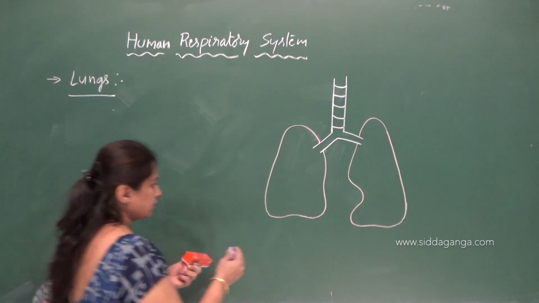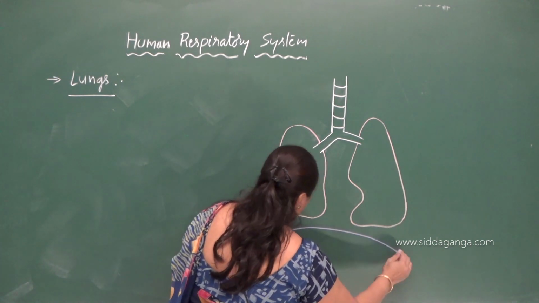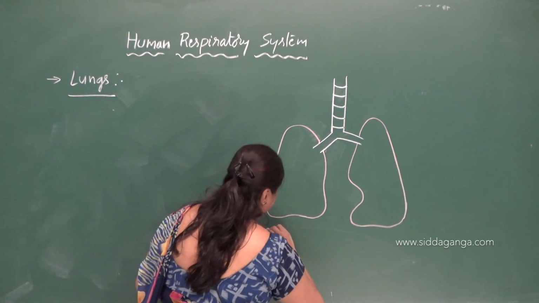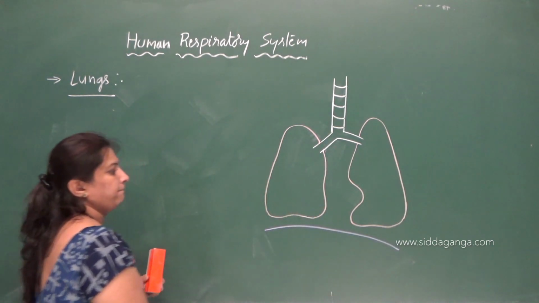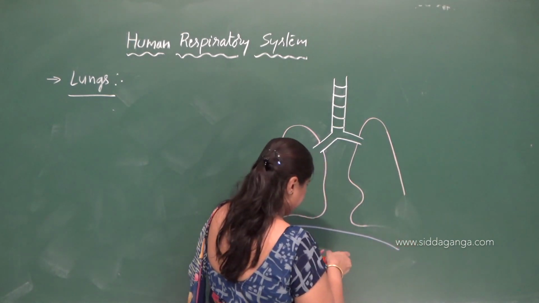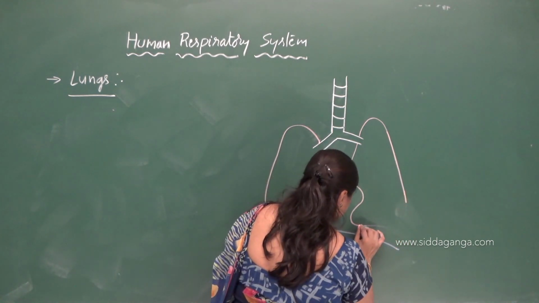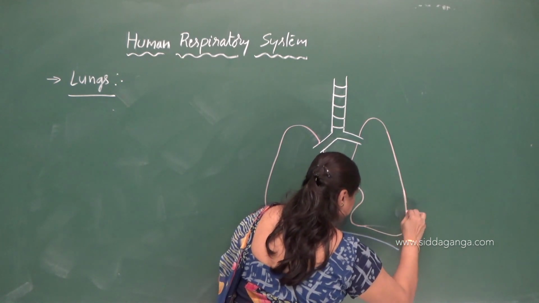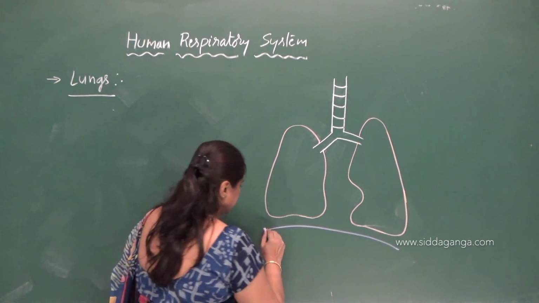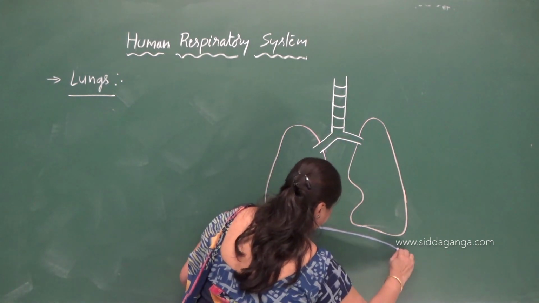And on the lower side is present the diaphragm. So this is the diaphragm. It separates the thoracic cavity from the abdominal cavity. It separates the upper thoracic cavity from the lower abdominal cavity.